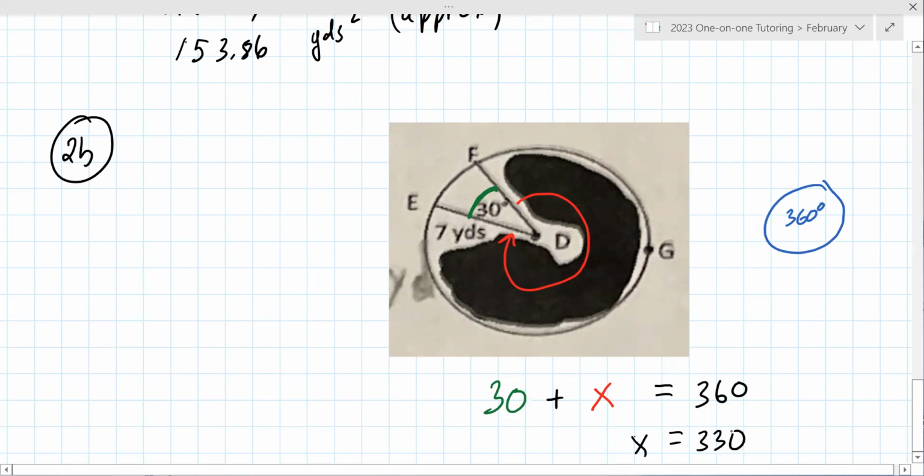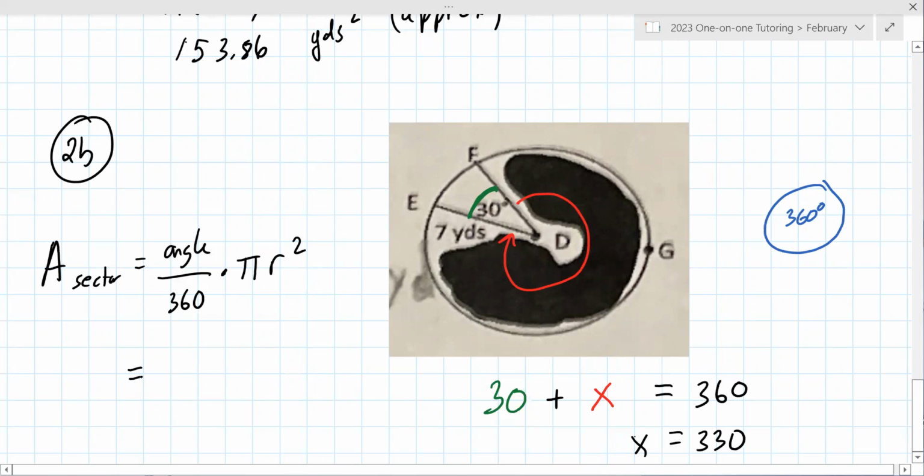So the area of the sector is the angle divided by 360 times pi r squared. What is the angle in red?